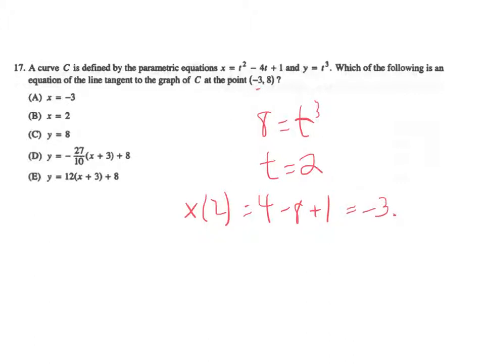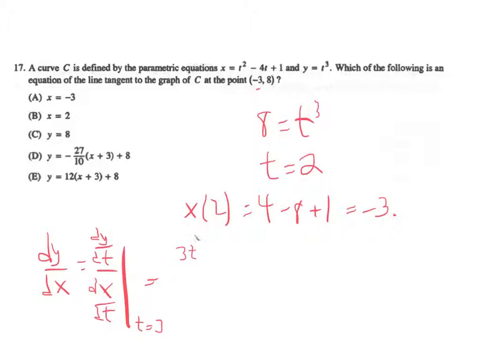Okay, so to find the slope, dy/dx is going to be dy/dt over dx/dt, but at the point t equals 2. And so dy/dt is 3t squared, and dx/dt is 2t minus 4.